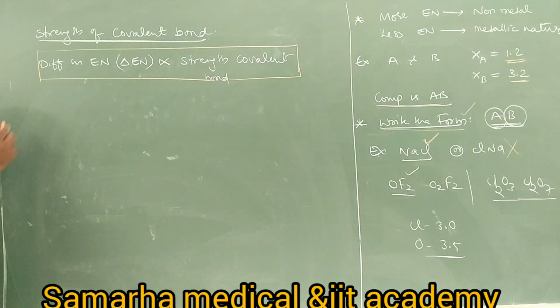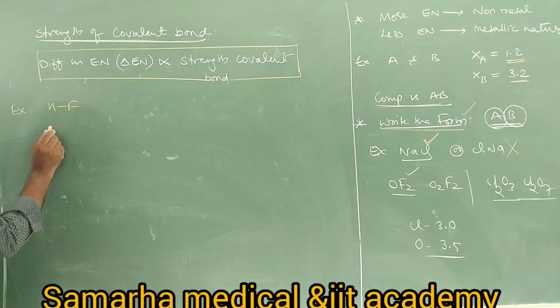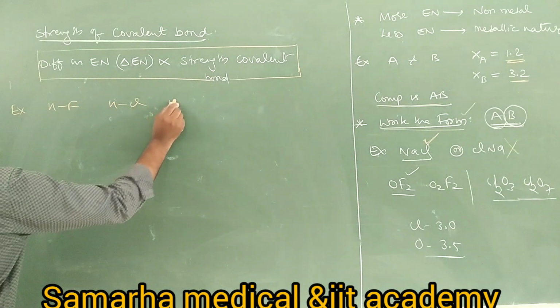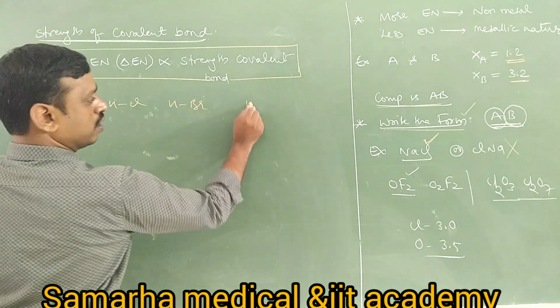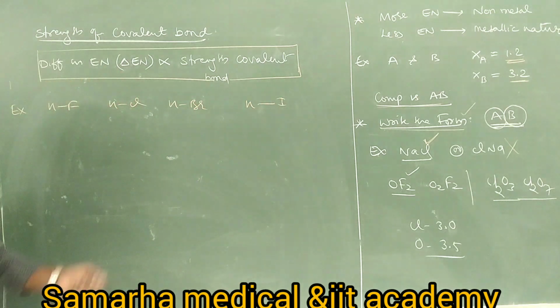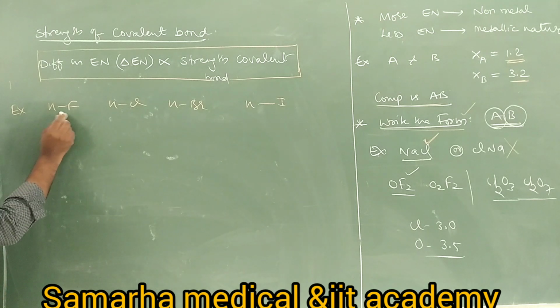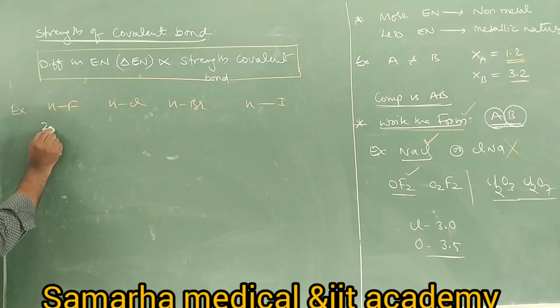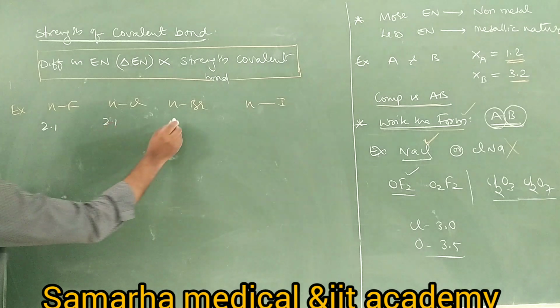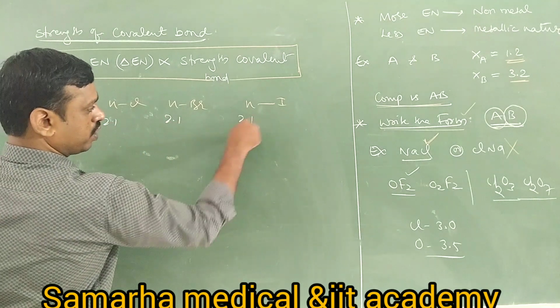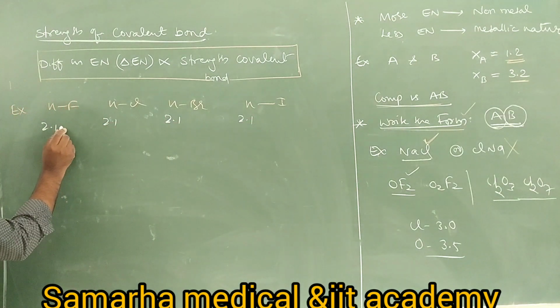For example, let us take HF, HCl, HBr, HI. Come on, tell me the difference in electronegativity. We know that hydrogen is 2.1. Then what about fluorine?